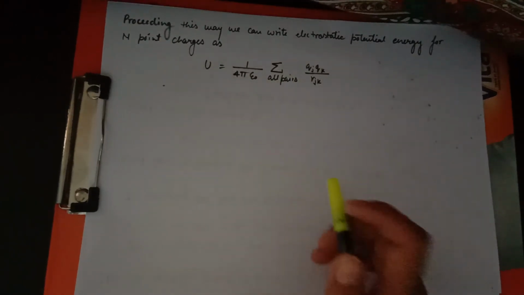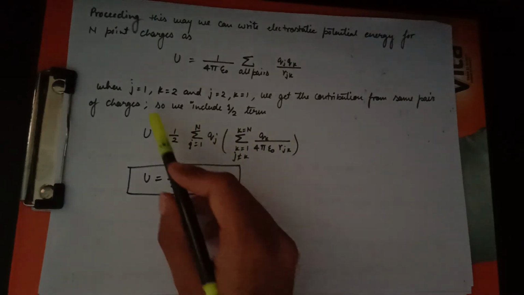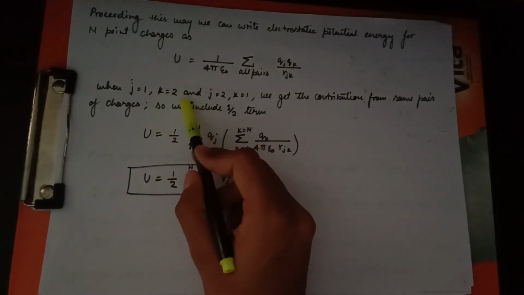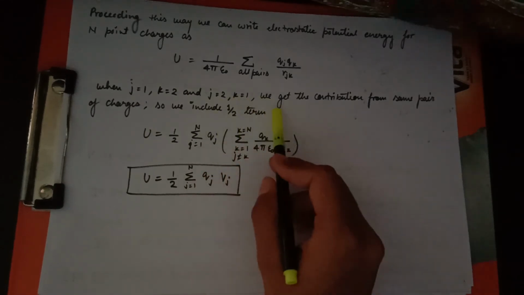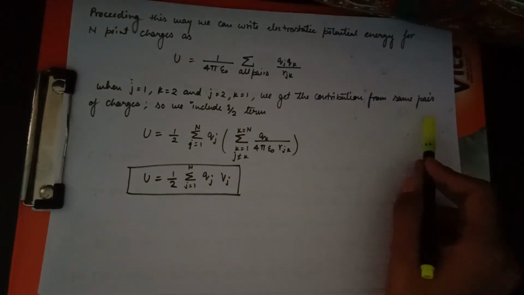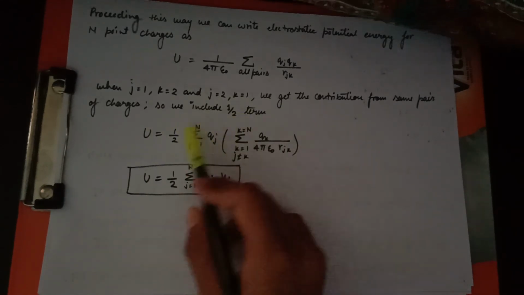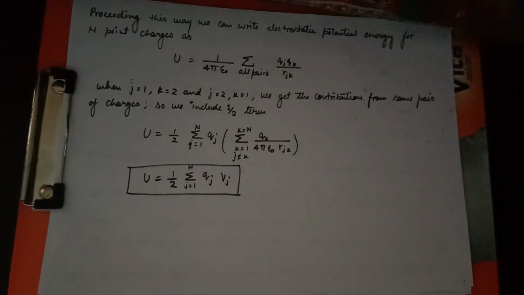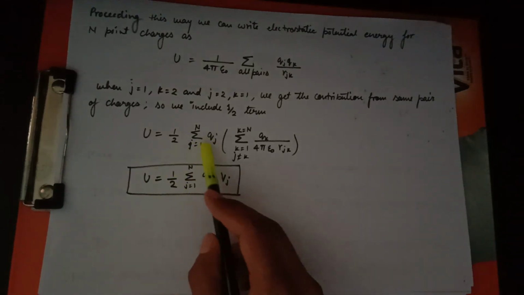Why? Because when j is 1 and k is 2, and j is 2 and k is 1, we get the contribution from the same pair of charges. So to halve it, we include the half term in the equation.